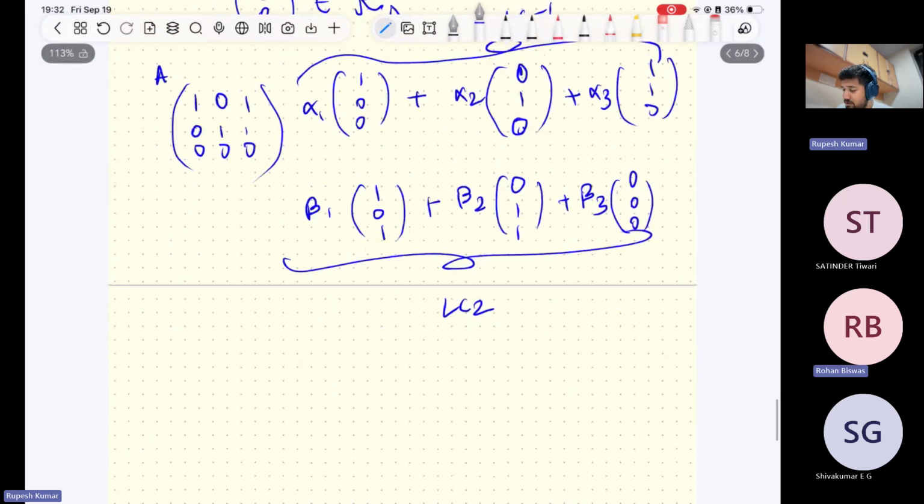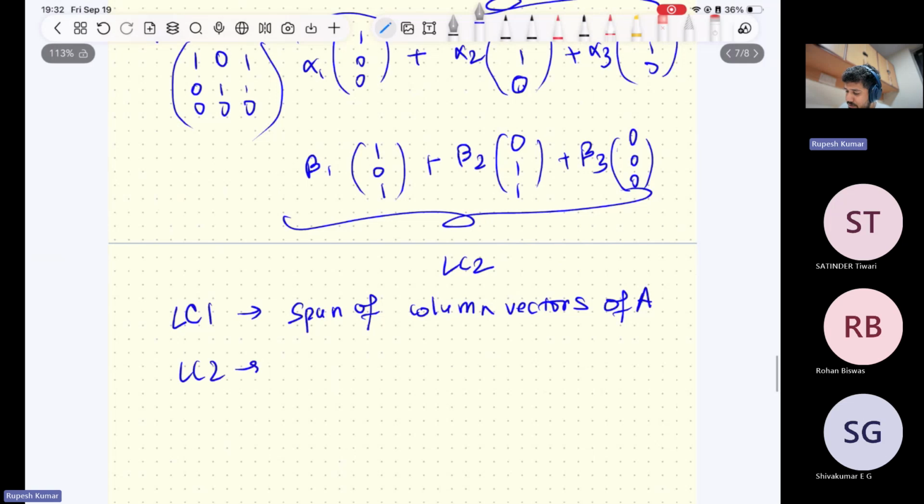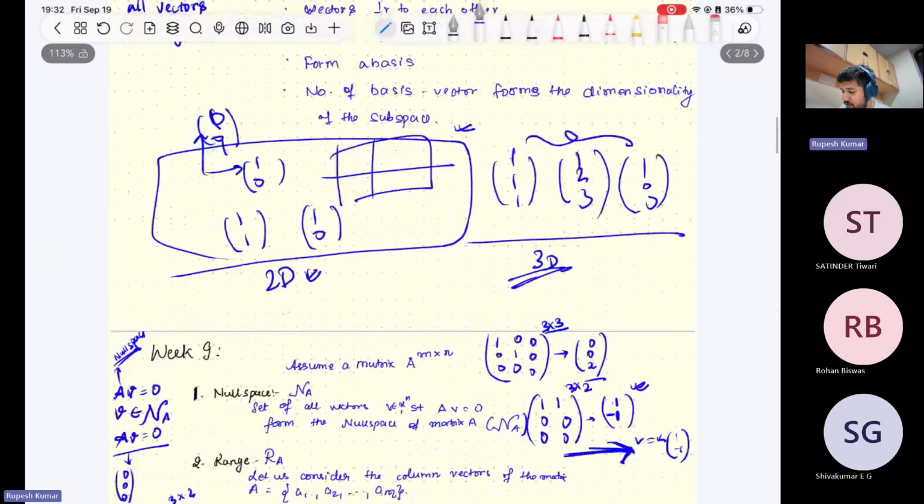What is the difference? Basically, LC1, if you take the span of these vectors, columns, and later it is rows. Span of column vectors of A, and LC2 is span of row vectors of A. Now you get to the definition again.